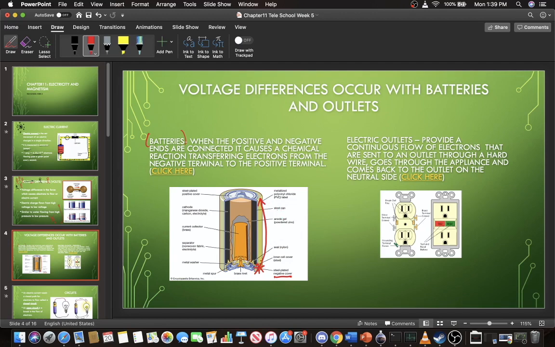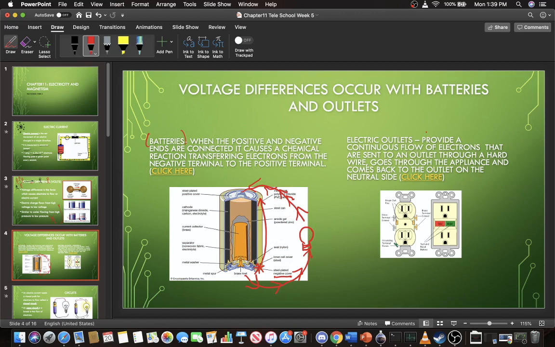So when you have something connected, let's just say you have a light bulb connected to this battery, you're going to be going from the negative end, okay, and then outward, you'll have it cycling in the direction of the positive end.